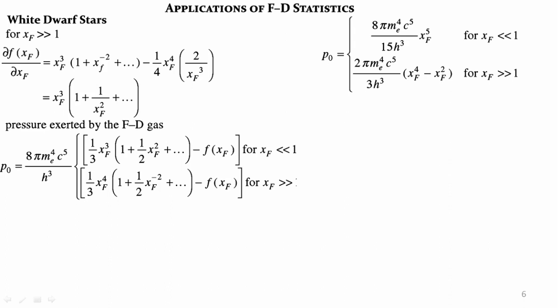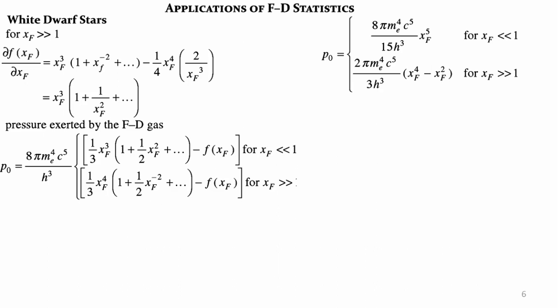The second case is the relativistic case. So this turns out to be equal to this. Now this is something very useful which we are going to use to describe our white dwarf star.